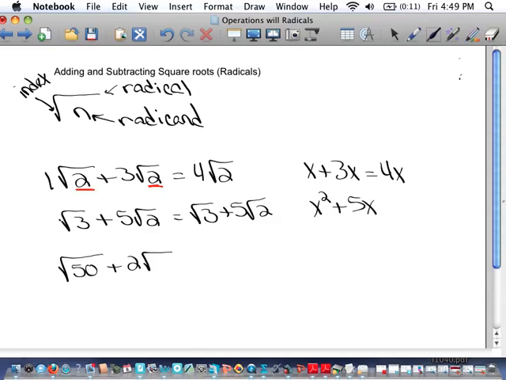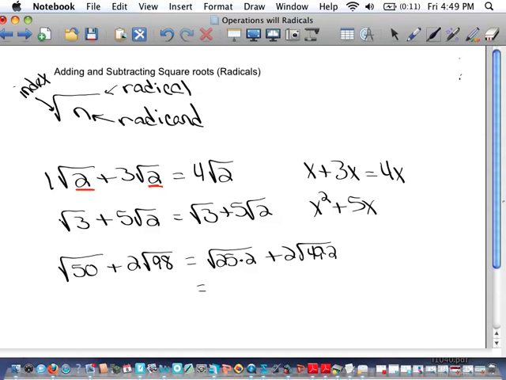In some cases, we might have something like the square root of 50 plus 2 times the square root of 98. And in some cases, we might be able to simplify those radicals and then combine them. In this case, the square root of 50 becomes 25 times 2. The square root of 98 becomes 49 times 2.